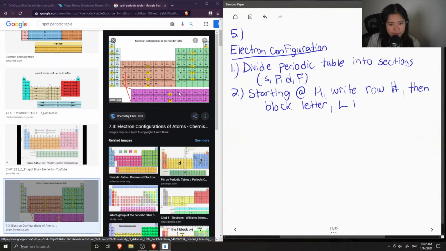And you move from left to right across the periodic table until you get to your desired element. And then once we get to our d block, we're going to write the row number minus 1. And for the f block, it's going to be the row number minus 2.